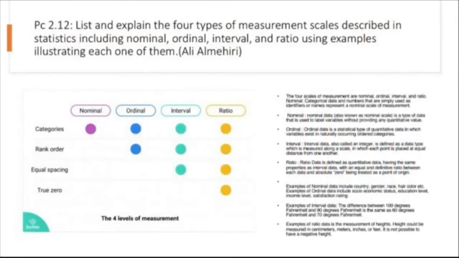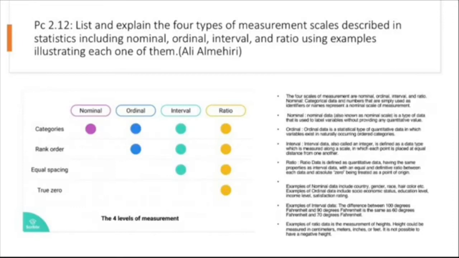The four scales of measurement are nominal, ordinal, interval, and ratio. Nominal is categorical data and numbers that are simply used as identifiers or names that represent a nominal scale of measurement. Ordinal data is a statistical type of quantitative data in which variables exist in naturally occurring ordered categories.